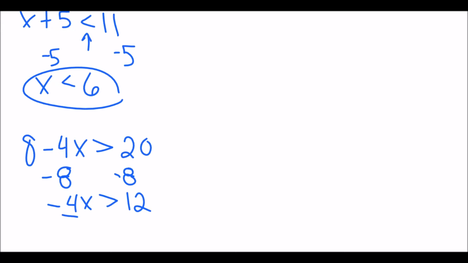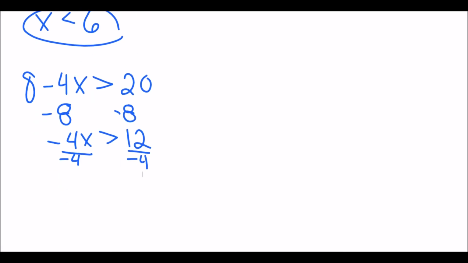Okay, so let's do the same thing. Divided by negative 4, divided by negative 4. But here's where the catch is. Since this is not an equation, this is an inequality, when you divide or multiply by a negative number, you have to flip the sign. So we're going to do that. And that's going to leave us, just like regular, with x, only the sign's flipped, so it's going to be less than negative 3.